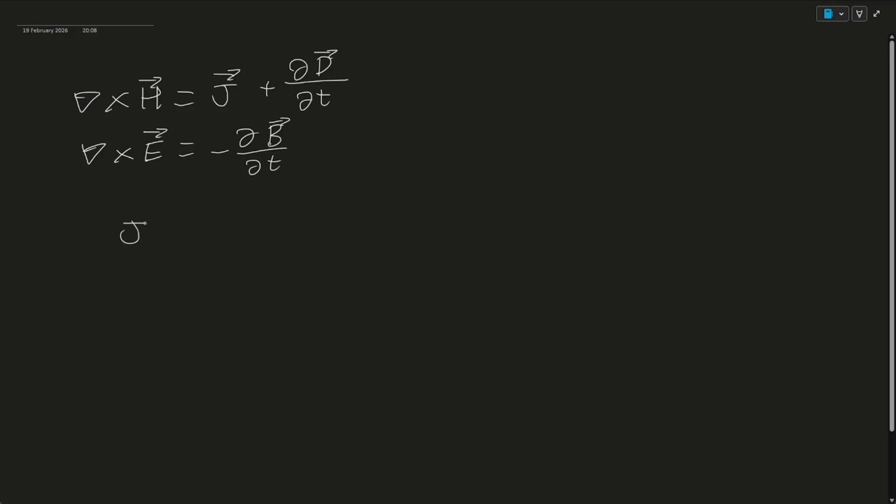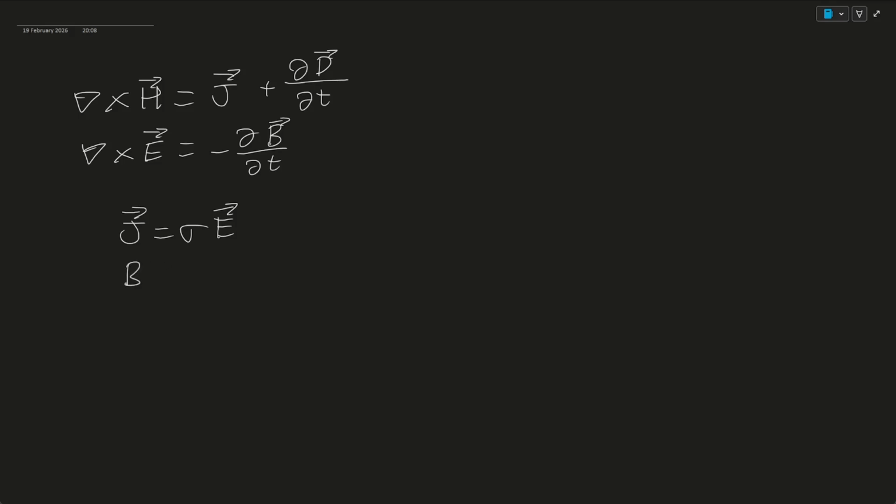First of all, I think it was Kirchhoff who reformulated Ohm's law into this form, which says that the current density distribution J is equal to sigma, the conductivity of the specific material, times the electric field strength.